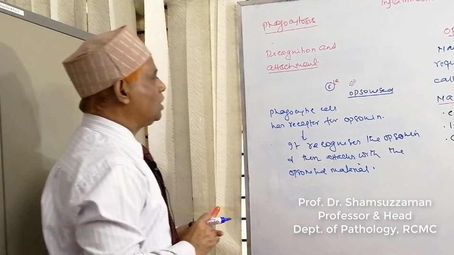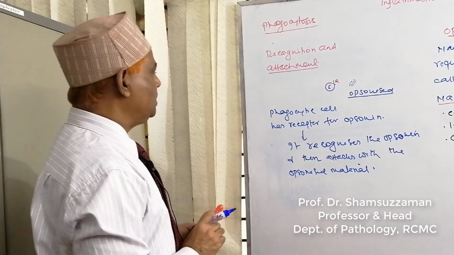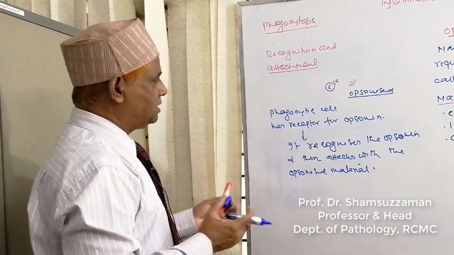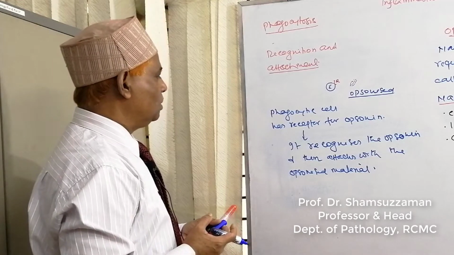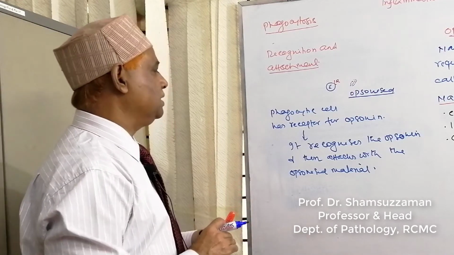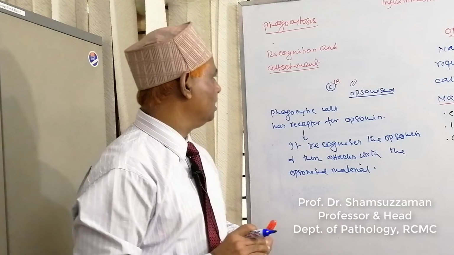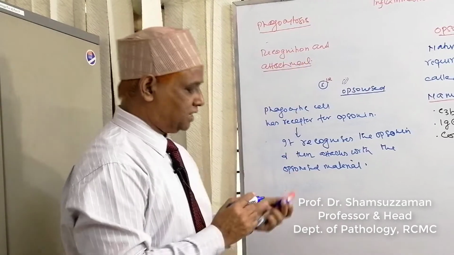So, due to presence of receptor for opsonin on the phagocytic cell, it can recognize the opsonin of the opsonized material, then it attaches with the opsonized material, and this is recognition and attachment.